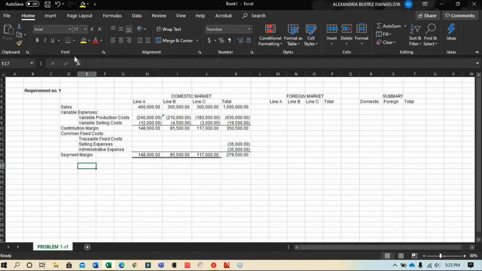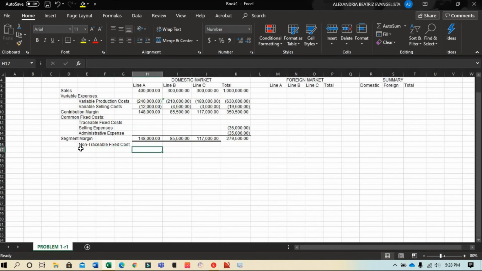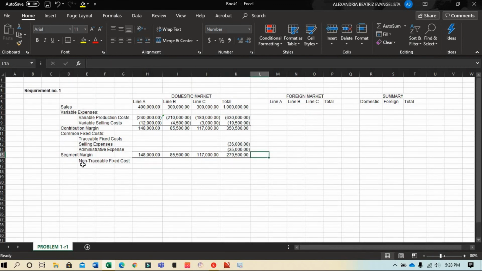Now we're going to have a total segment margin of 279,500. Okay, let me delete this one first. So now let's proceed onto the segmented financial report under the foreign market.